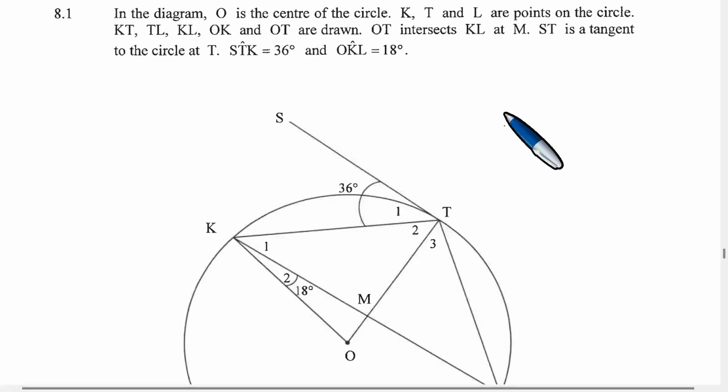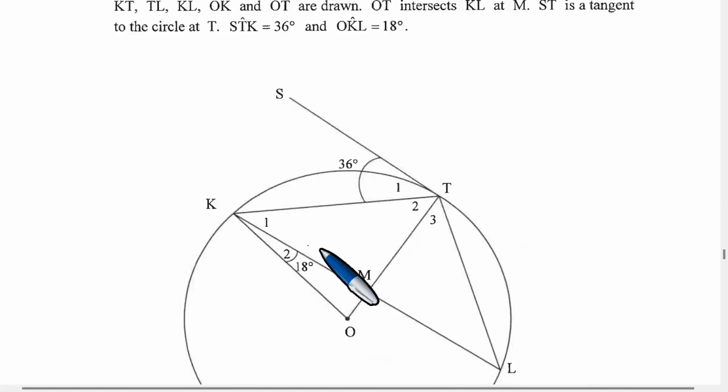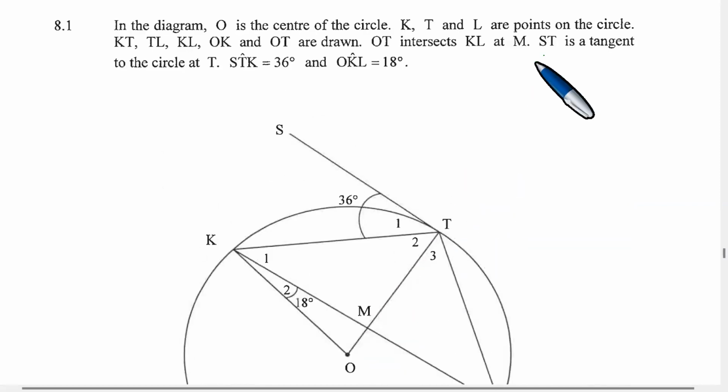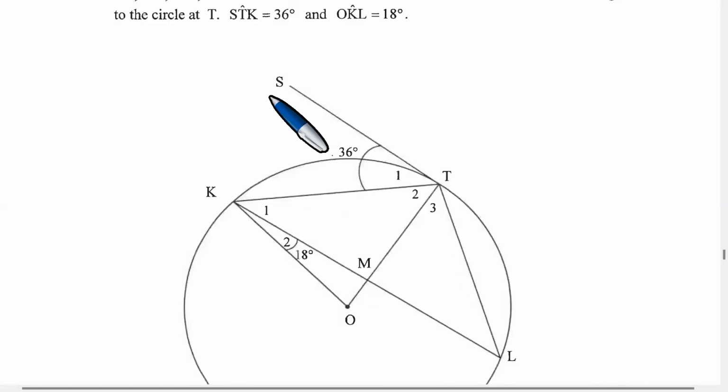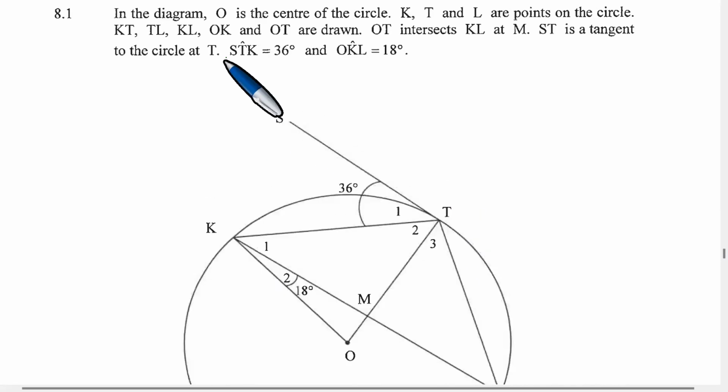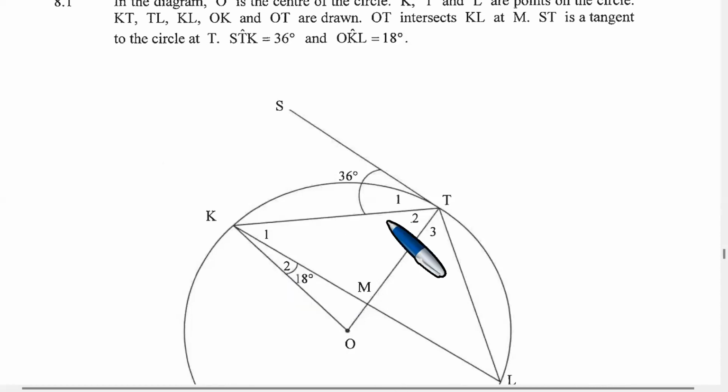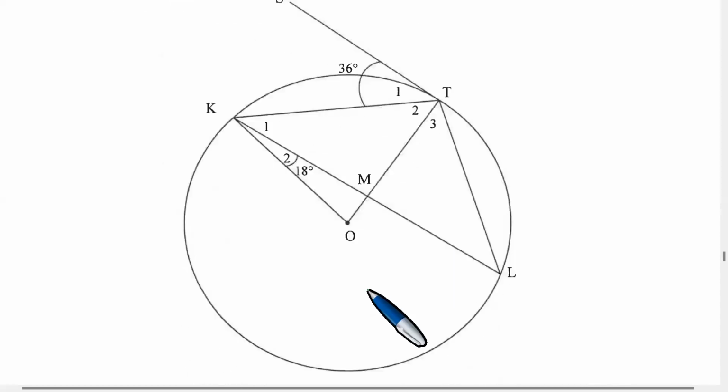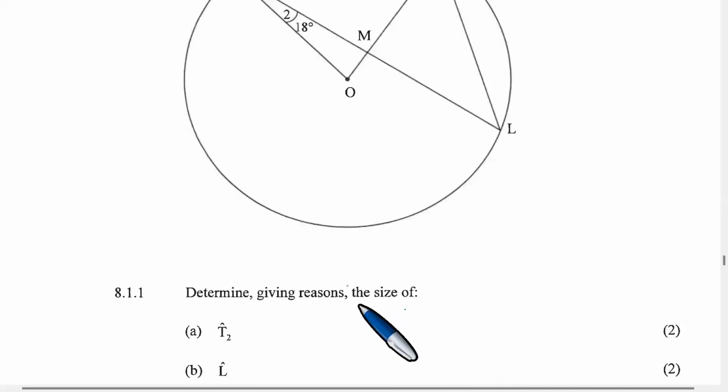OT intersects KL at M. ST is a tangent to the circle at T. Angle STK is 36 degrees and angle OKL is 18 degrees. Determine, giving reasons, the size of angle T2.